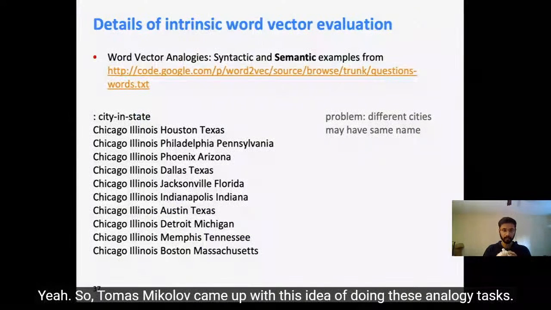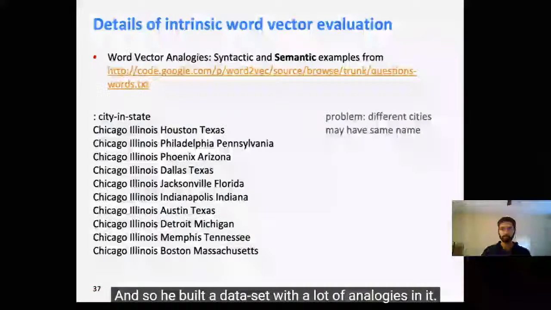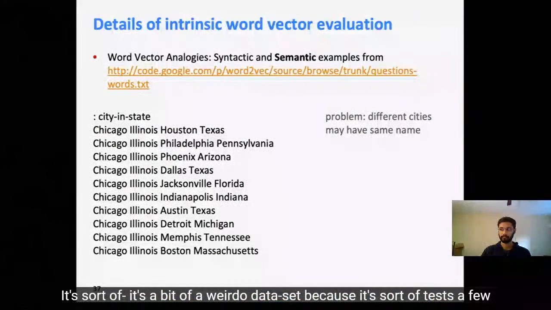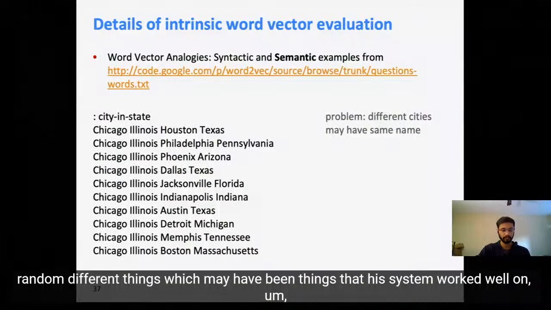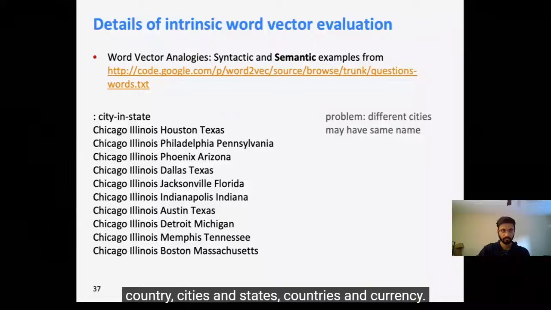Yeah, so Tomas Mikolov came up with this idea of doing these analogy tasks, and so he built a data set with a lot of analogies in it. It's a bit of a weirdo data set because it sort of tests a few random different things, which may have been things that his system worked well on. But it tests countries and capitals, cities and states, countries and currencies.